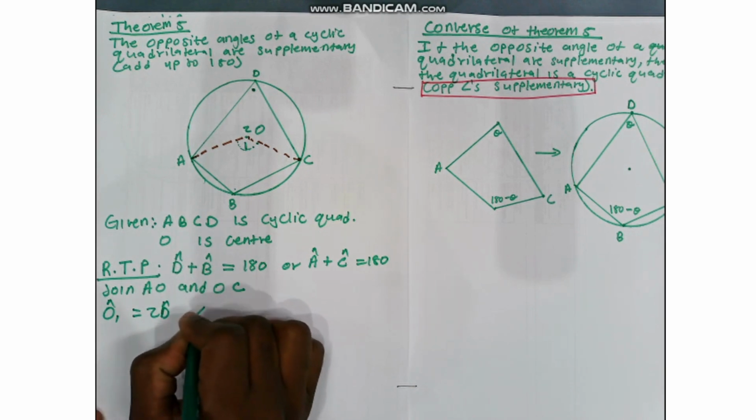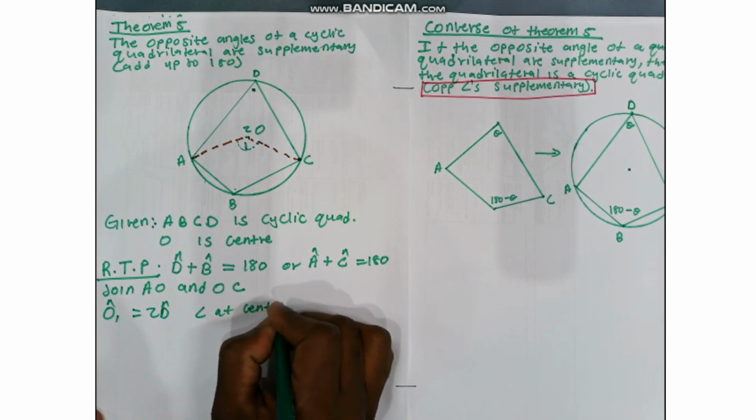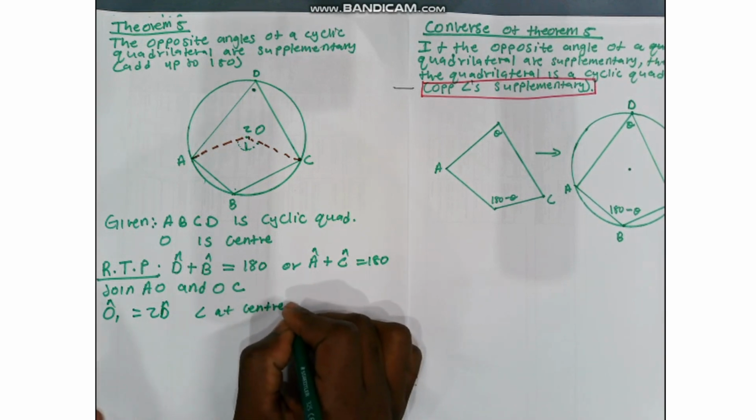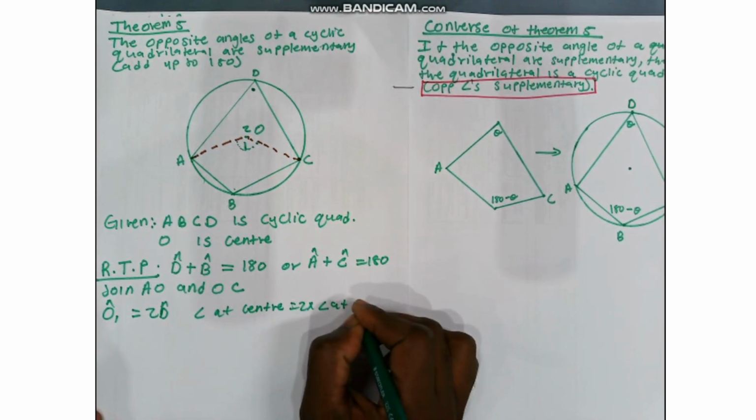the angle at the center is equal to 2 times the angle at the circumference.